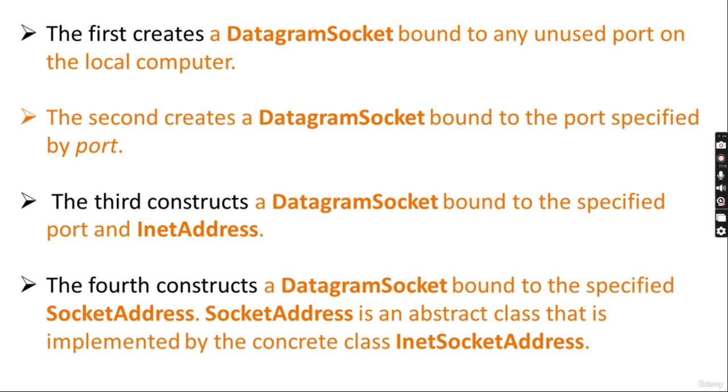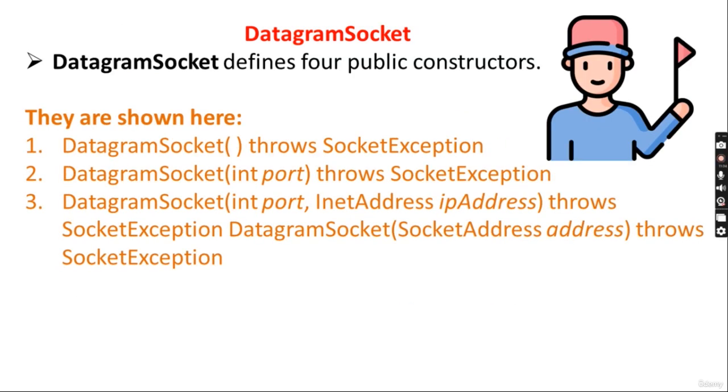Third is a datagram socket bound to the specified port and InetAddress. And fourth is a datagram socket bound to the specified socket address. SocketAddress is an abstract class that is implemented by its concrete class InetSocketAddress. So you have to provide the socket address object in this fourth DatagramSocket constructor.